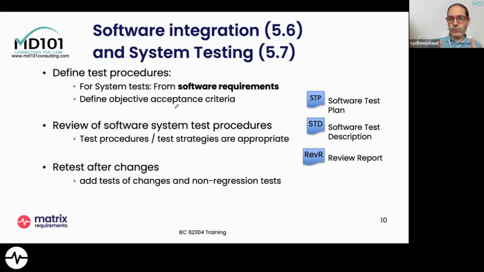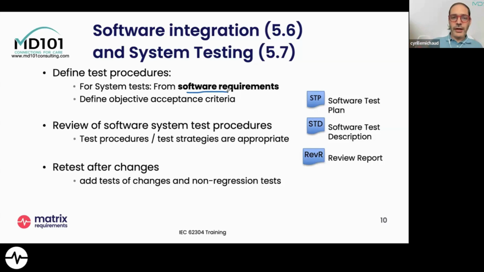With one remark, however: for software system test, section 5.7 of the IEC 62304, we need traceability with software requirements, which were named ProdReq in the demo project.